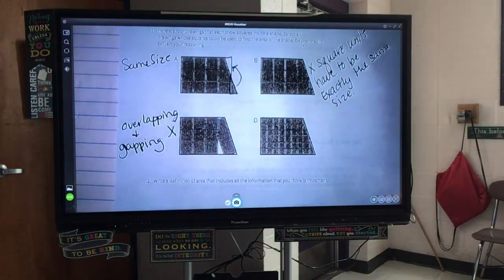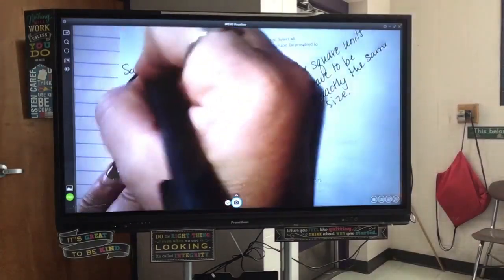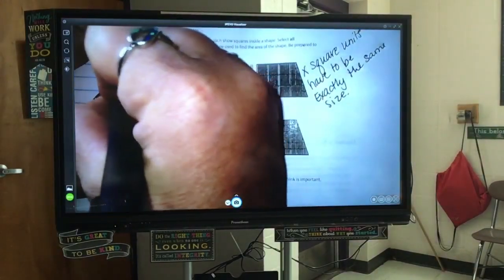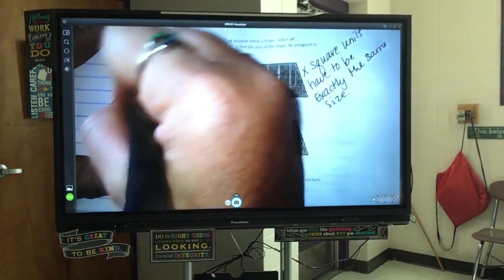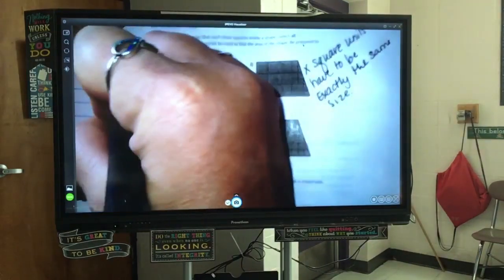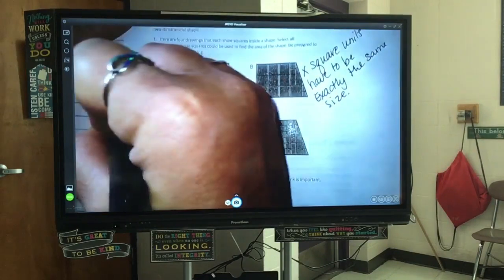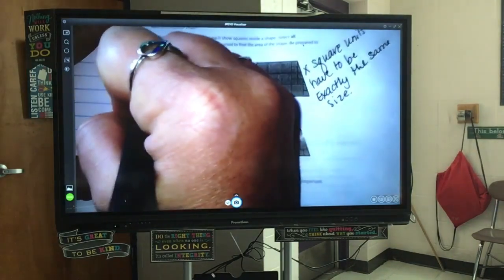Okay? That is called decomposing and rearranging to make a shape that we know, correct? We know how to find the area of a square, right? All right, so it's the same size, and not overlapping too. It doesn't overlap. We can cut apart and rearrange.